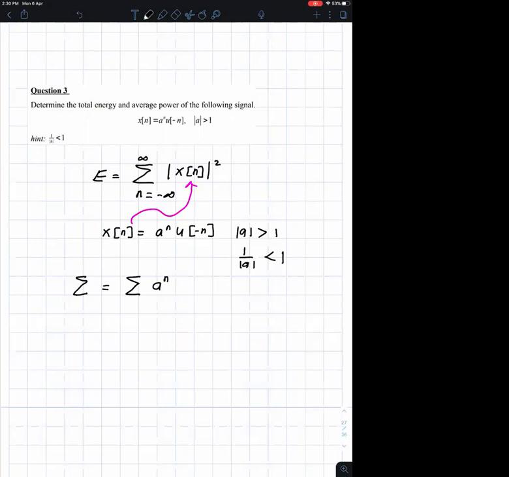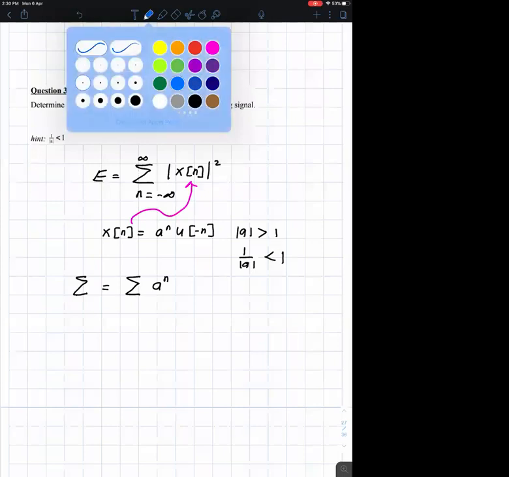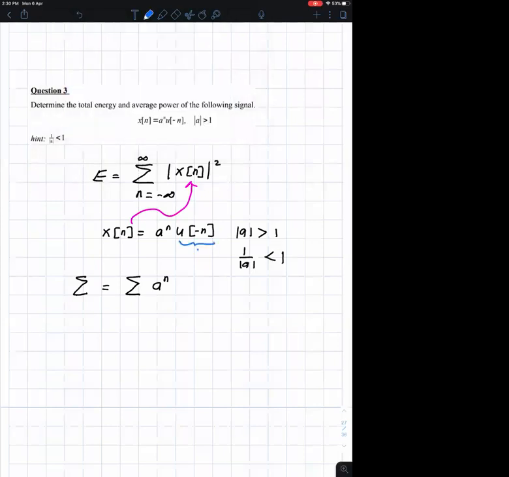Now, this part is telling you that n is less than or equal to 0, right? Am I right? Yes, sir. Okay, that's all it's telling you.